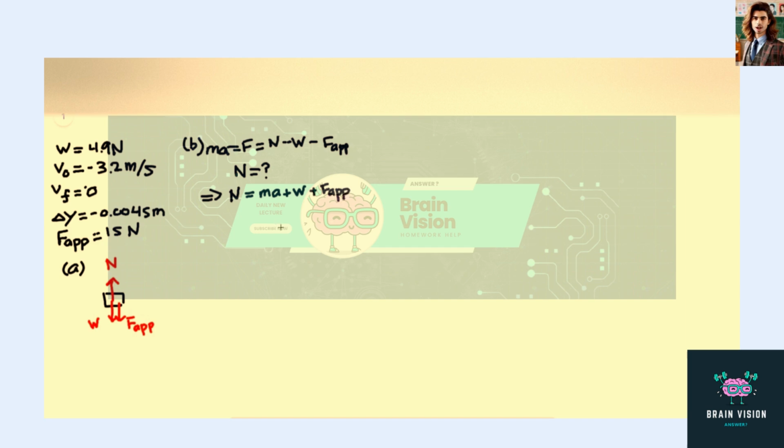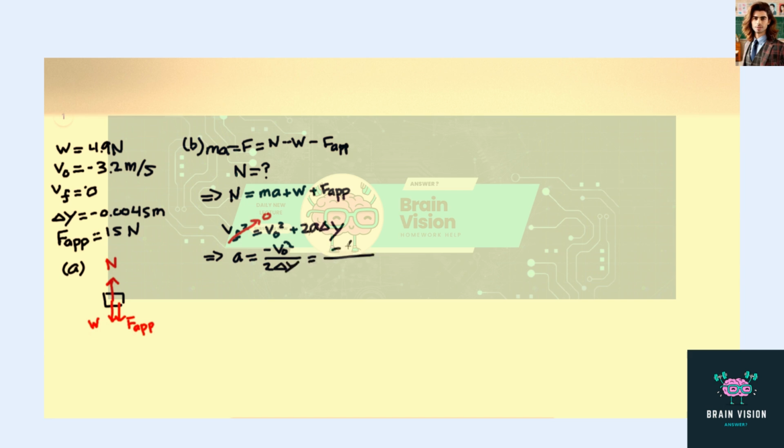That's great and all, but we don't know what the acceleration is. So we're going to have to use a little bit of kinematics to solve for that. Based on the information given, we should use the equation with the velocities squared. We know the final velocity is 0, so we can set that equal to 0. We're going to do negative v naught squared over 2 delta y.